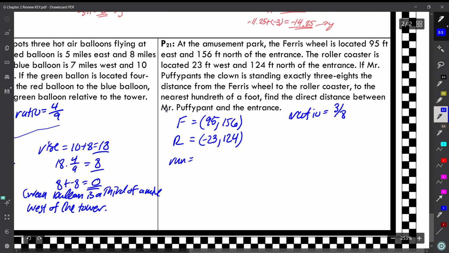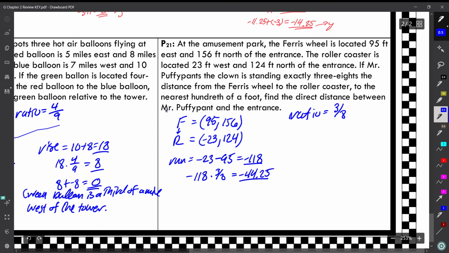My run is going to be, so let's see, 3/8 of the distance from the Ferris wheel to the roller coaster. So we're going from F to R. My run will be -23 minus the 95. I'm going to do that in my calculator to get -118. Take the -118, multiplied by the ratio of 3/8. Again, I do that in my calculator. I get negative 44.25.